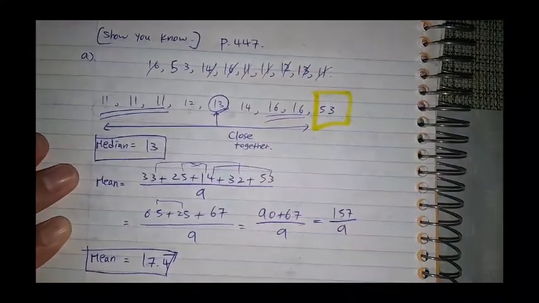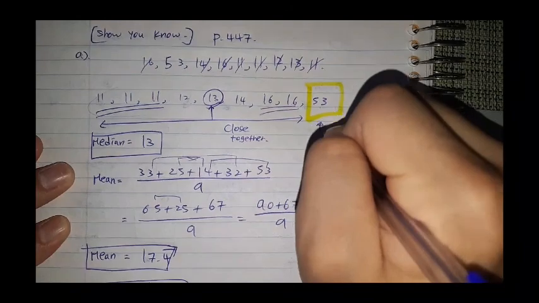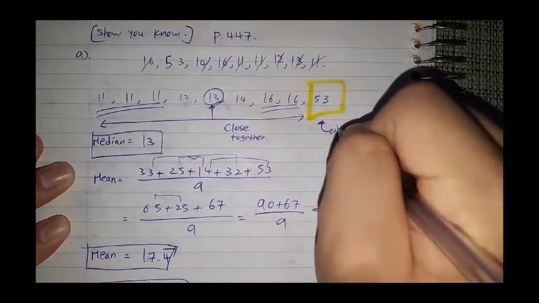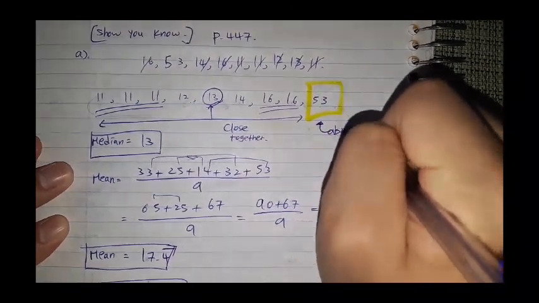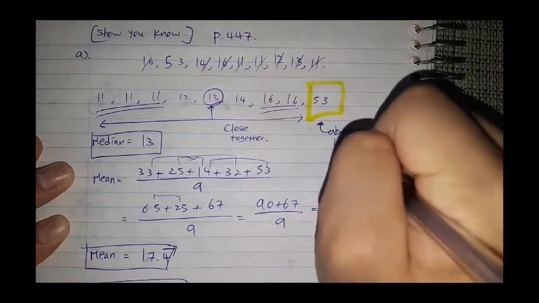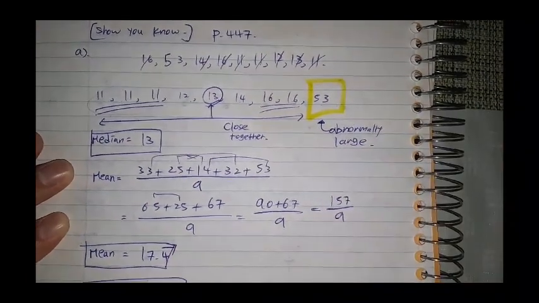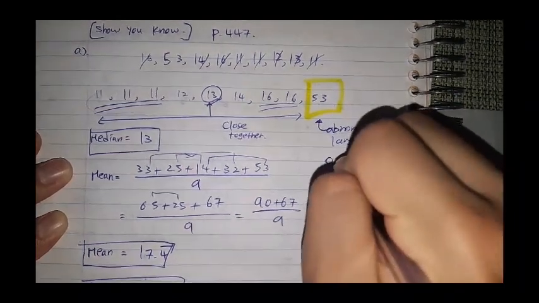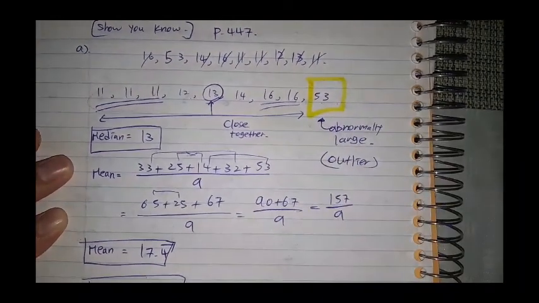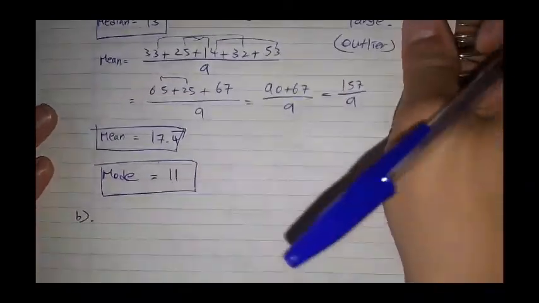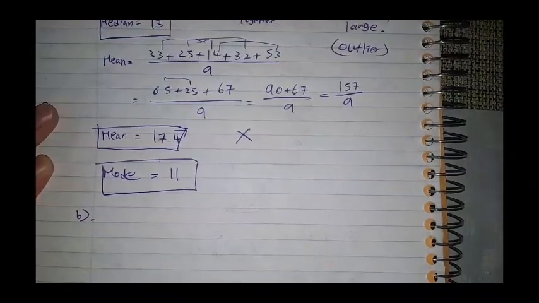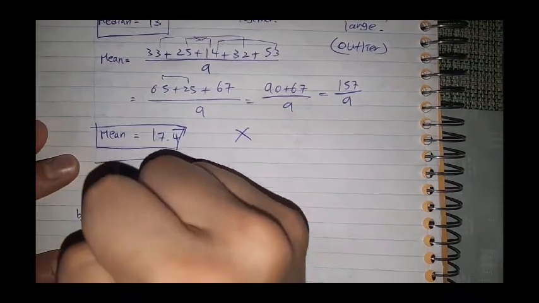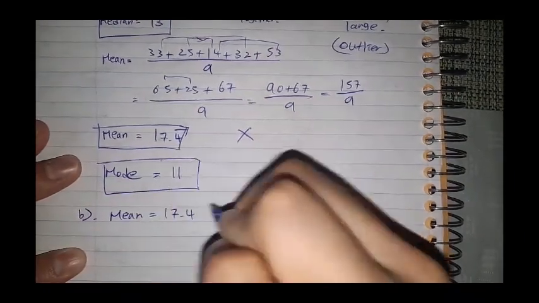But 53 is abnormally off compared to any other values. So in that case, we can consider that an outlier. And whenever there's an outlier, mean value is not a good idea.